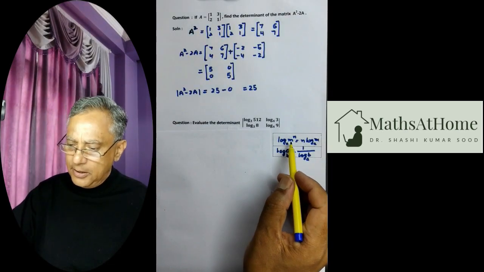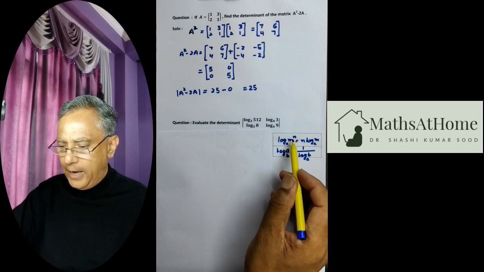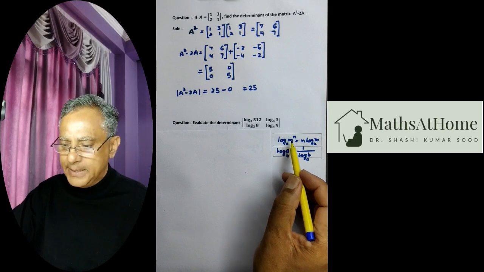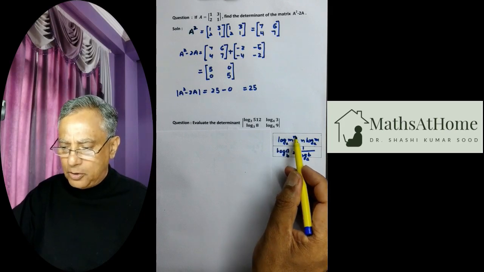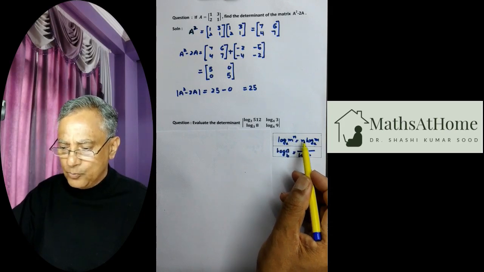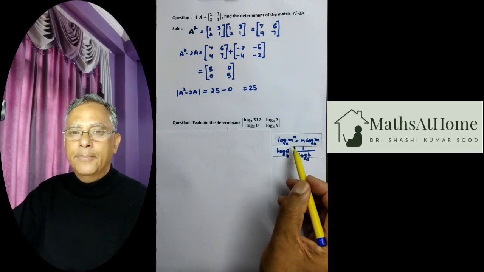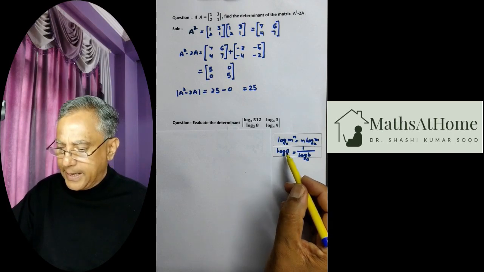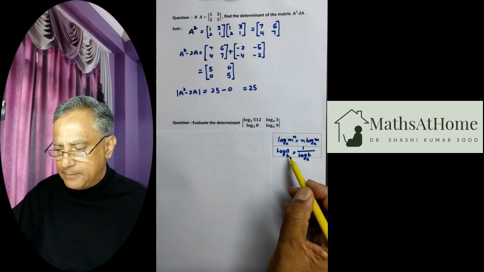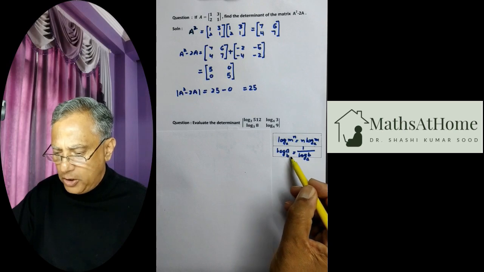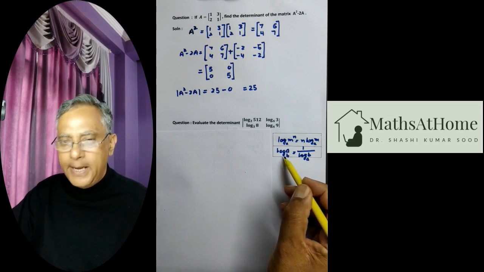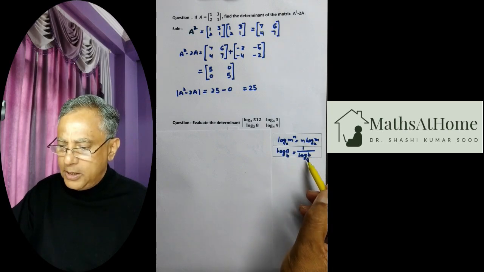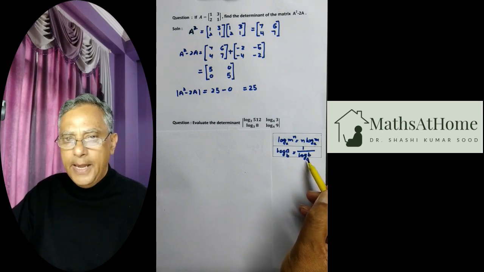First is log m to the power n is equal to n log m, and base remains unchanged. And second is log a to the base b is equal to 1 upon log b to the base a. These two are interchanged.